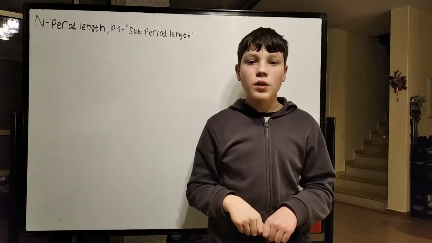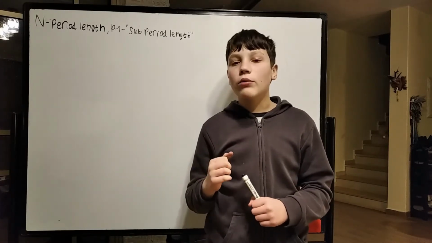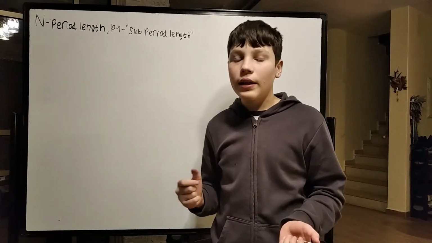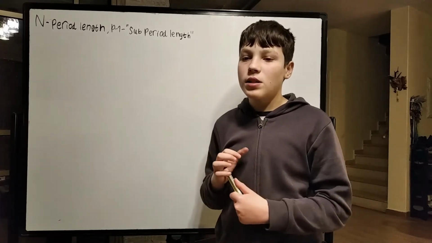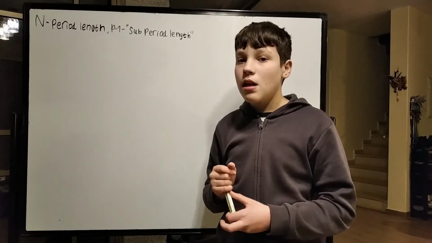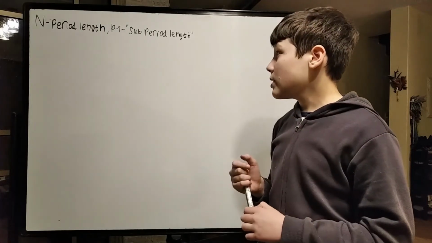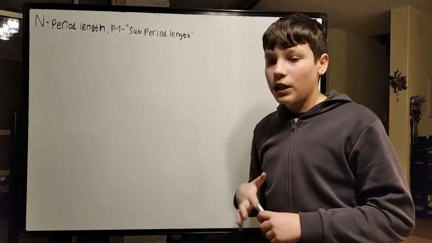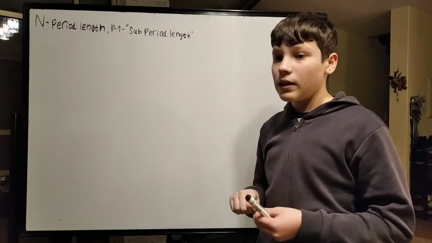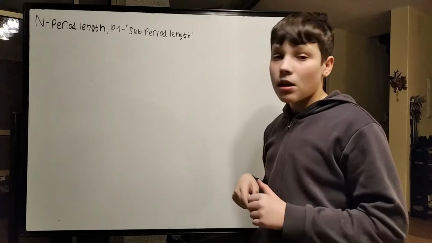Okay, now let's get on to the problem. So it seems kind of tricky how you prove that the period length divides into P minus 1. But actually that just means that P minus 1 digits actually repeat. So let's now actually go ahead and prove that.